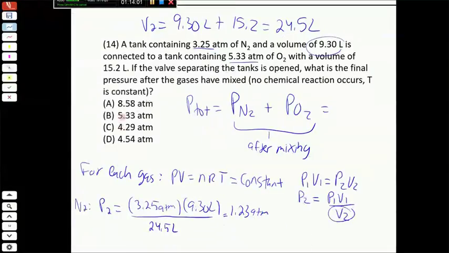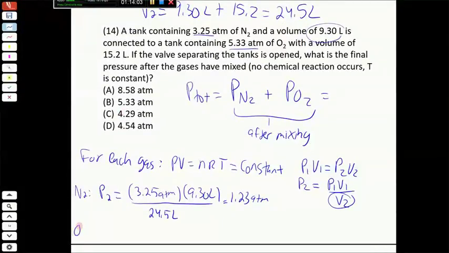And then the partial pressure of O2 after mixing is going to be its initial pressure and volume, which was 5.33, its initial volume was 15.2, and it's still occupying the same final volume of 24.5.